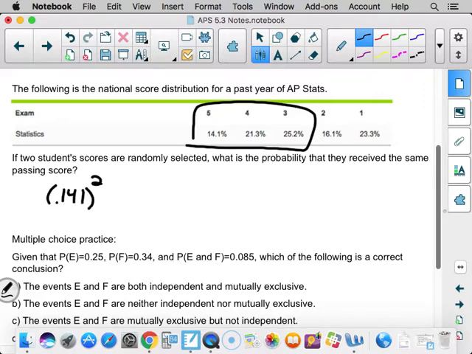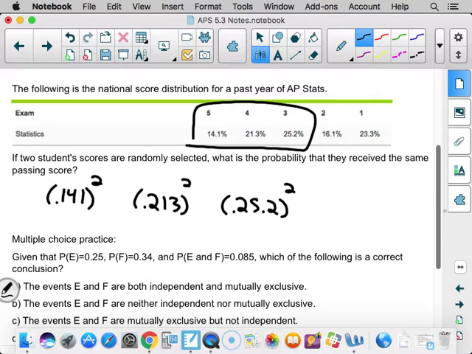Wouldn't that be both kids getting a 5? Or couldn't both kids get a 4? Or couldn't both kids get a 3? Now notice, wasn't I using the word or in between each of these?